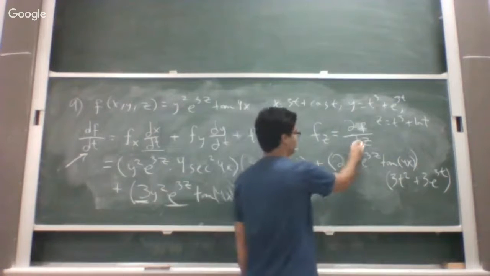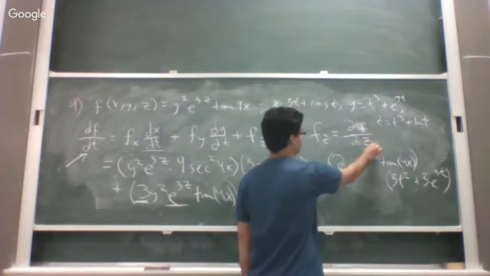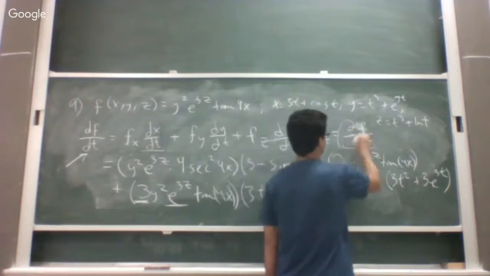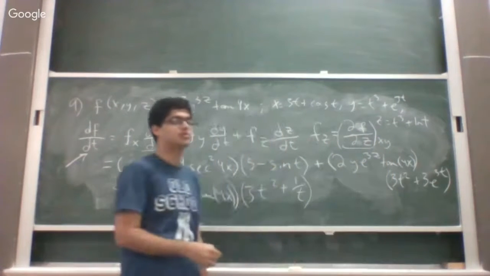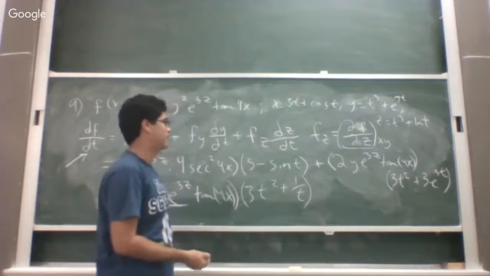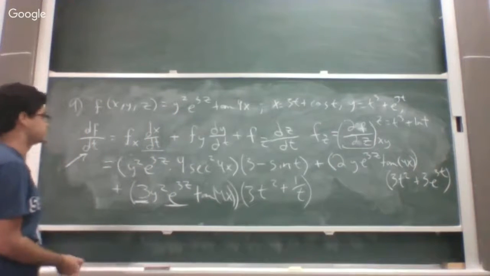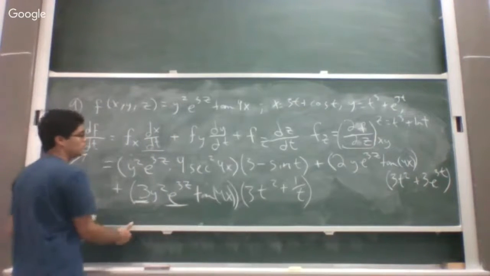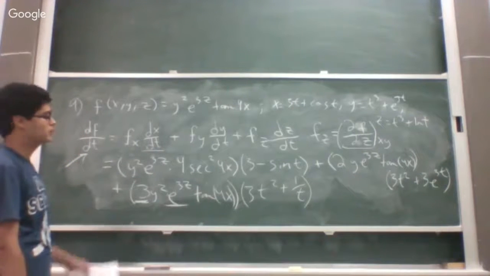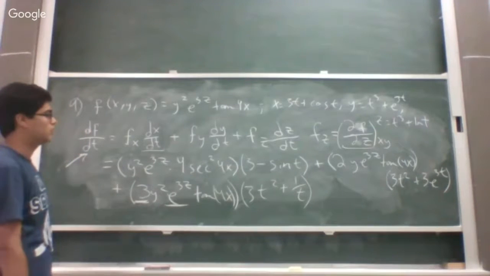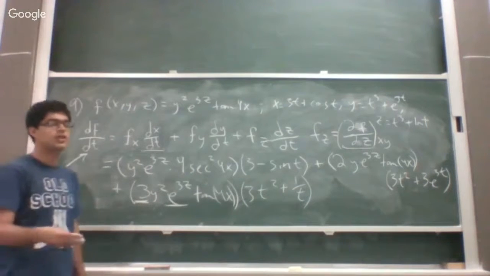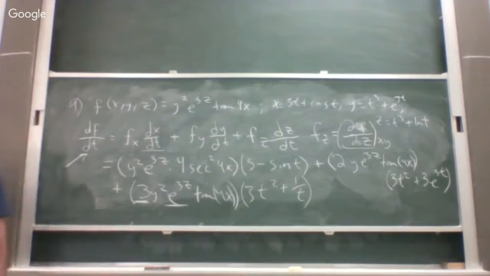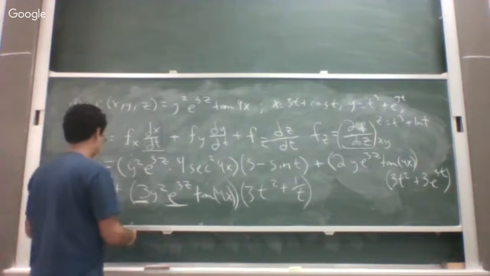Since we're doing the partial derivative with respect to z, that means the rest of the variables, in this case x and y, are constants. And if we were doing a full derivative of it, that's when we have x prime and y prime, because they're independent variables. That's why.